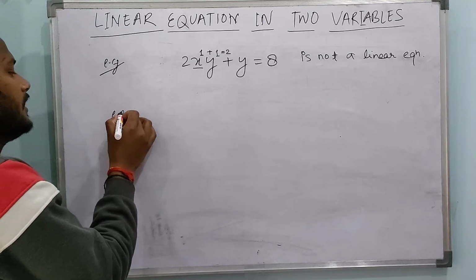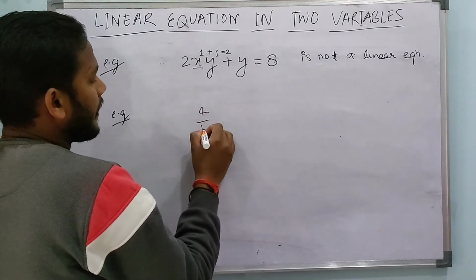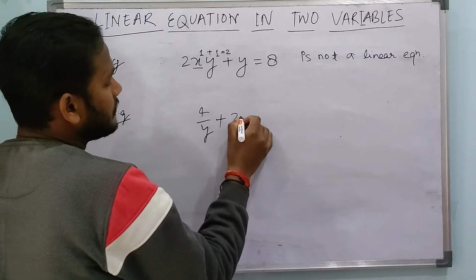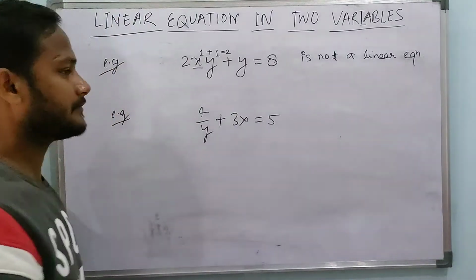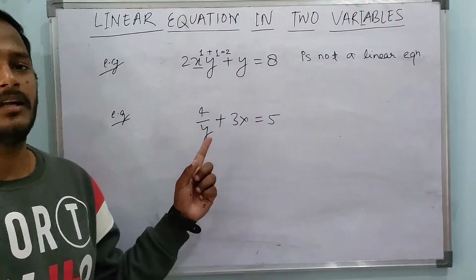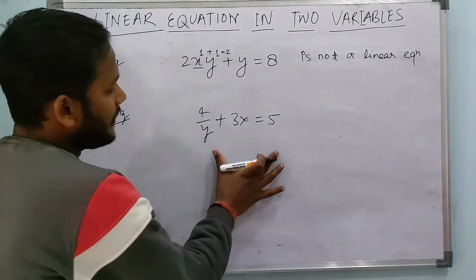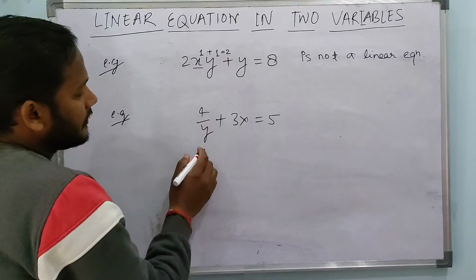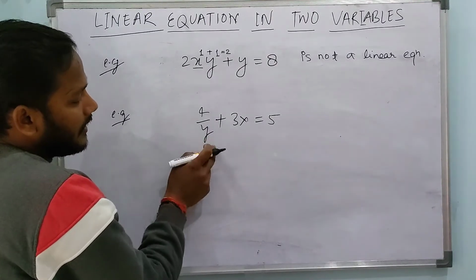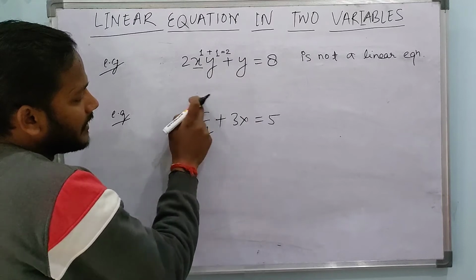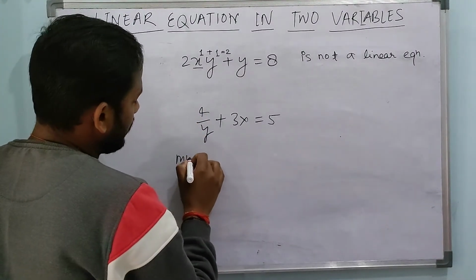Further, if we take another example, 4 by y plus 3x is equal to 5, how can we find the degree in this equation? We have to simplify this equation by multiplying both sides by y.